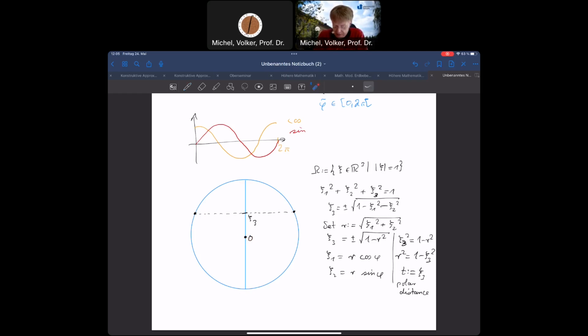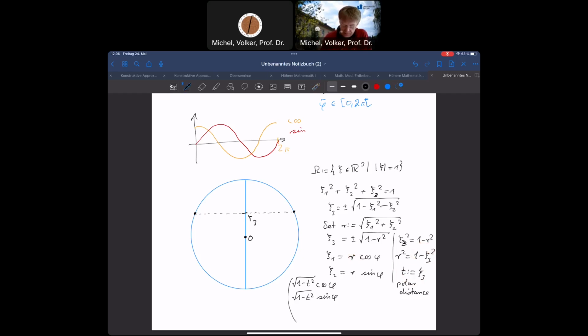But so if you do that here, you can say, okay, now my coordinate system would be simply the radius. And the first one, the radius, which is this here, and I will write t for xi3. And we have the square root of 1 minus t square times cosine phi. And then we have the square root of 1 minus t square times sine phi.